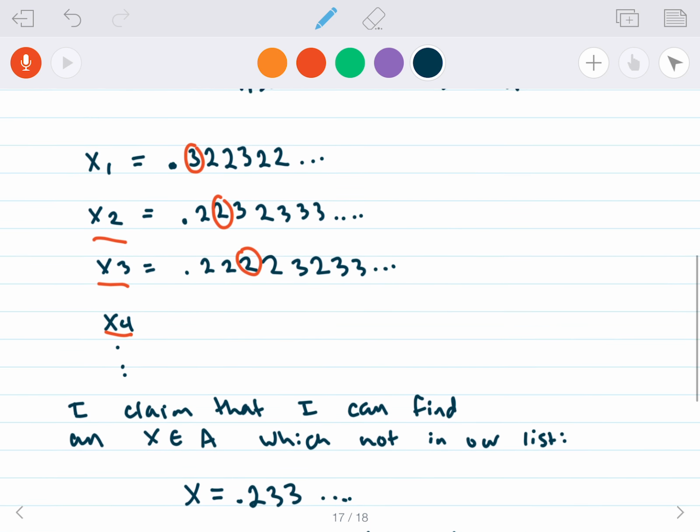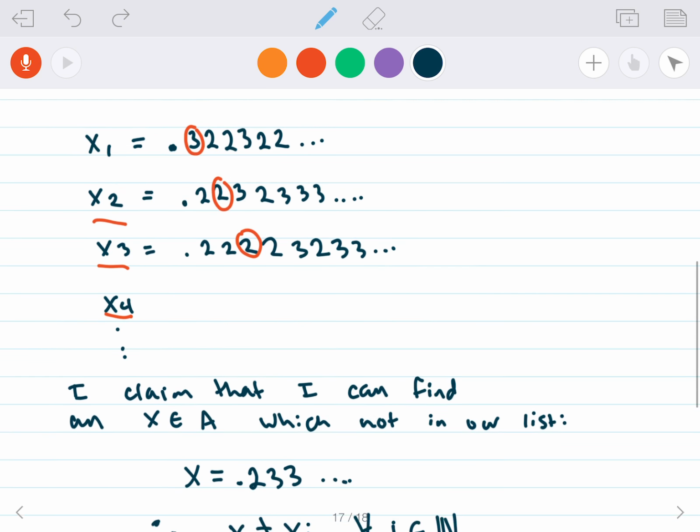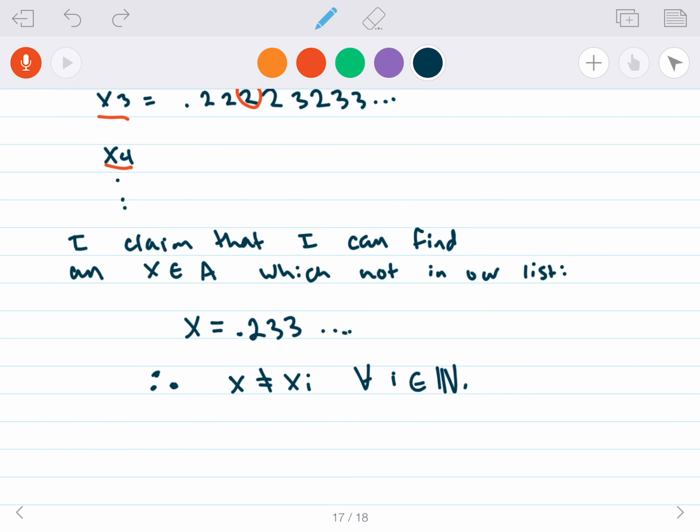So why can't x1 be equal to x? Well, I've changed the first digit. Whatever it is, I'm changing it, so it definitely can't be equal. Why can't it be equal to x2? Well, I'm changing the second digit from the second digit in x2, and so forth.